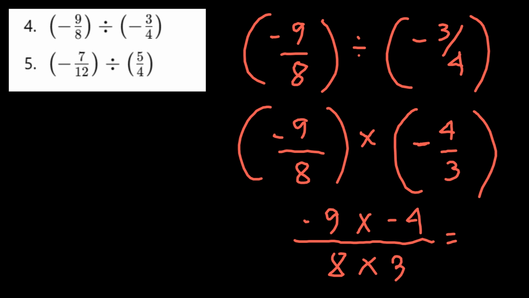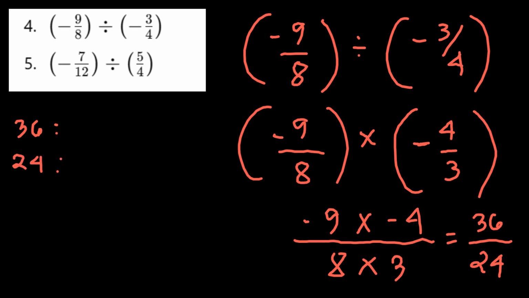Negative 9 times negative 4 is 36, over 8 times 3, which is 24. Now, very obviously, we can reduce 36 over 24. By prime factorization, we're going to find the greatest common factor between 36 and 24.